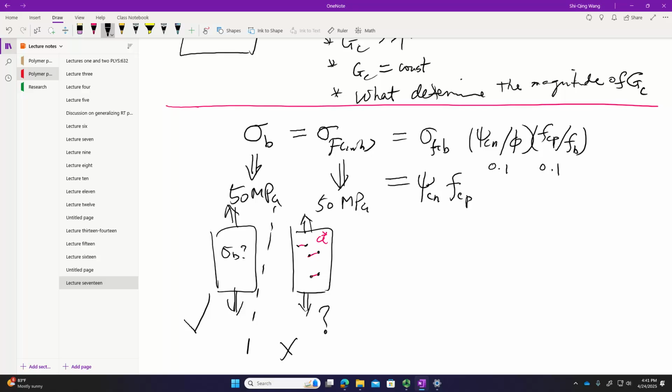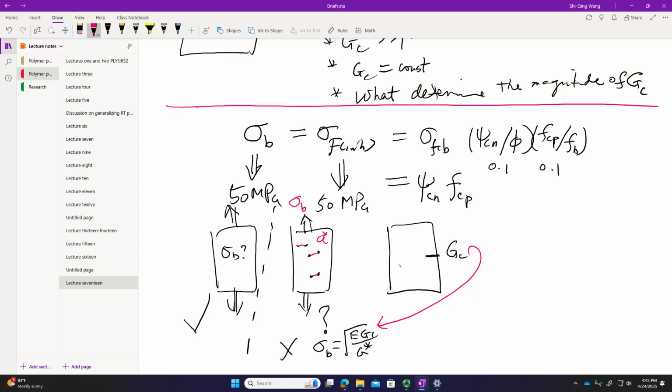But all I'm trying to say is that fracture mechanics was beautifully established because we suspect that we can still use fracture mechanics to explain the nominal strength by making an intentional cut and measuring GC, so that I can plug that GC in here to describe, sorry, this nominal strength.